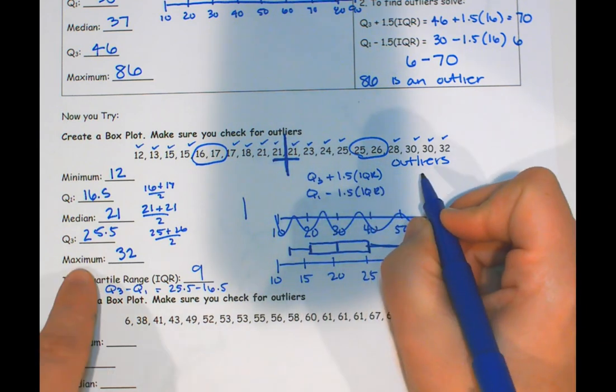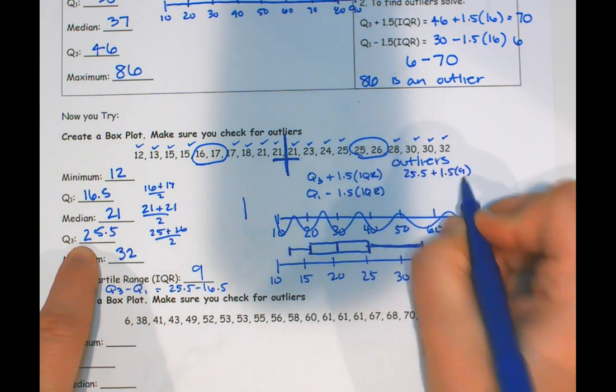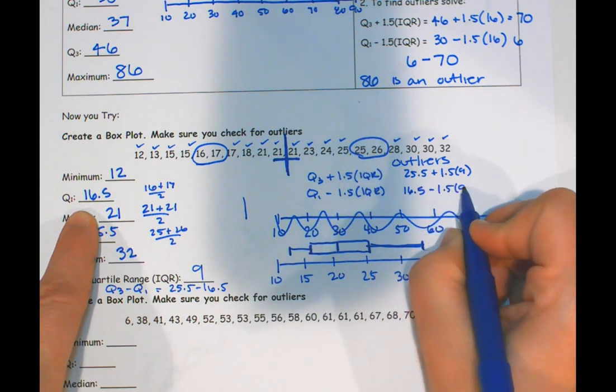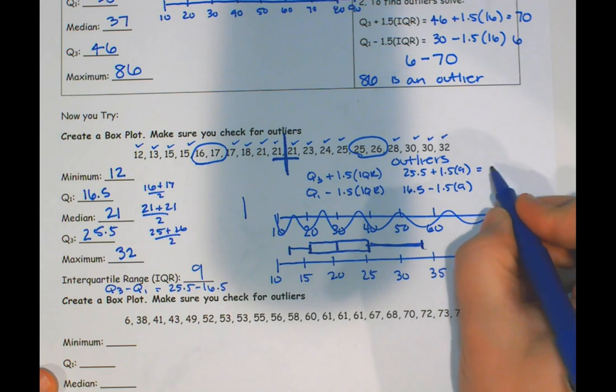So here I'll do 25.5 plus 1.5 times 9. And here I'll do 16.5 minus 1.5 times 9. So 25.5 plus 1.5 times 9 would give me 39.